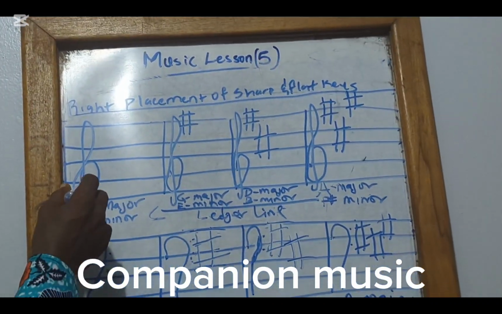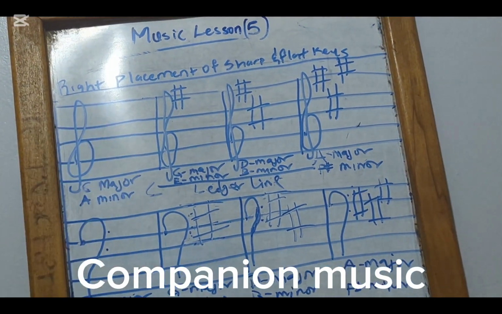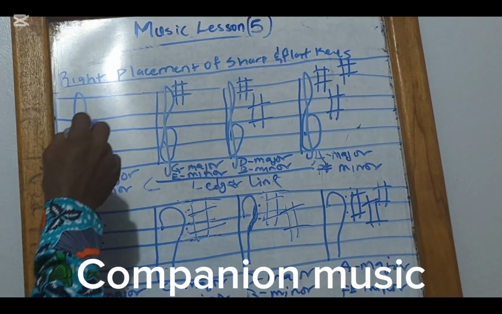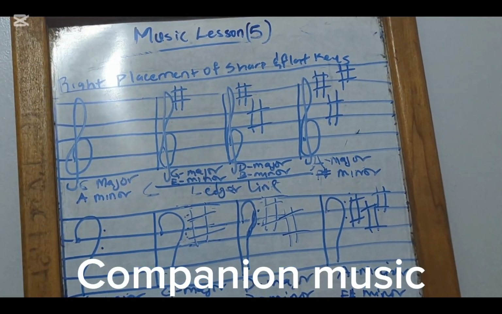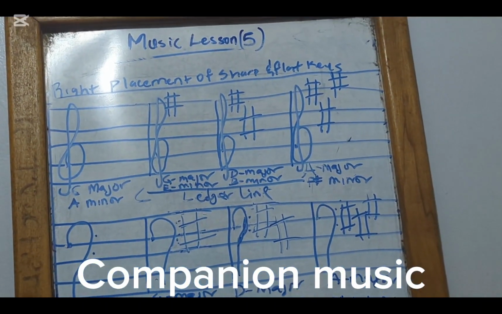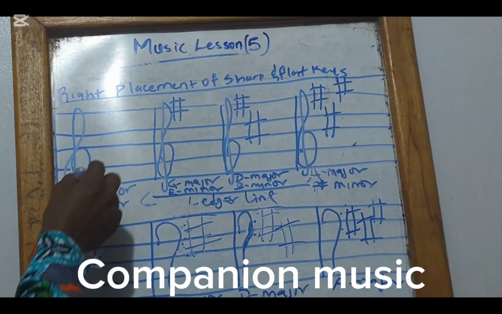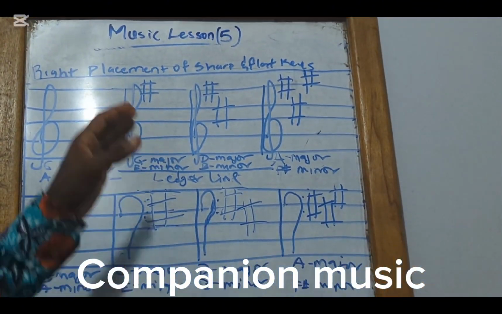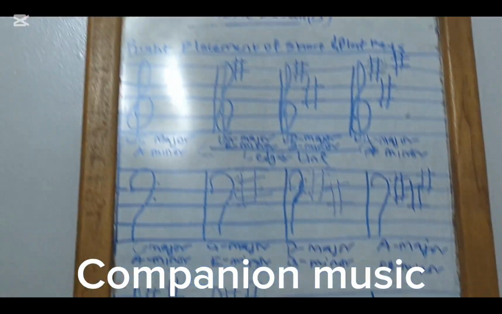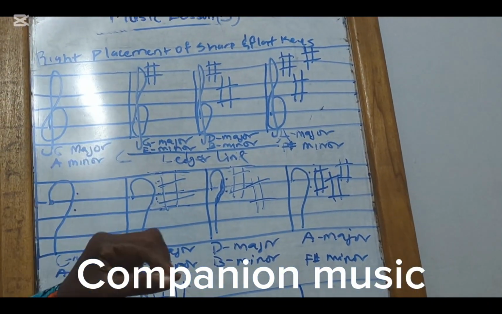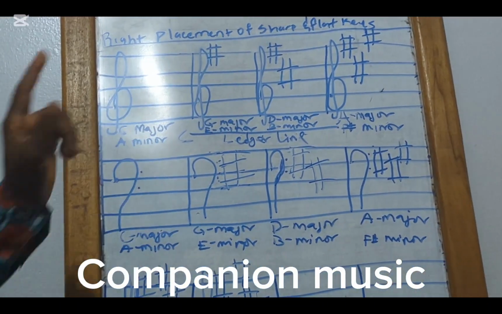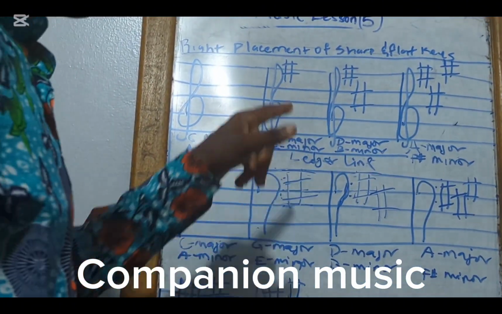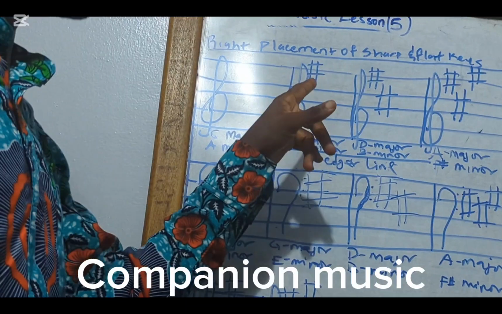In the first staff, we don't have any keys, either sharp or flat. When you see a piece of song that has neither sharp nor flat, it is a natural key, which is C major.